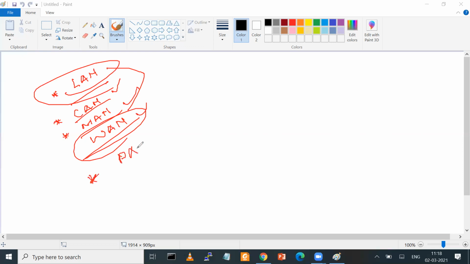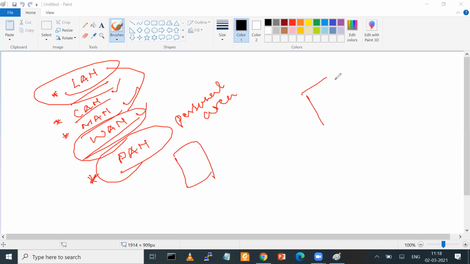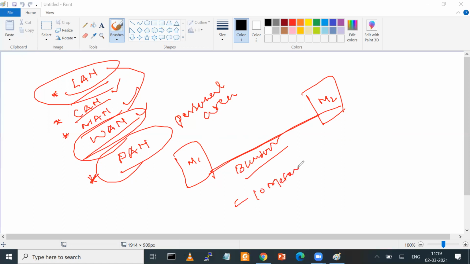There is another kind of network which is PAN, personal area network. Let's say I'm trying to connect two mobile phones, personal stuff. So this is my mobile 1 and this is my mobile 2. And for communication, I'm using Bluetooth. Hardly, Bluetooth has a range of 10 meters, or around 30 feet.